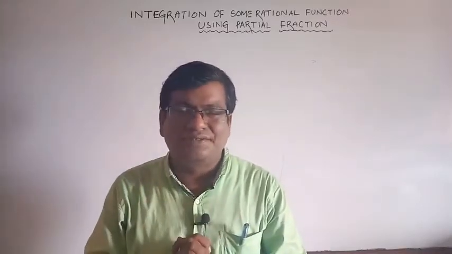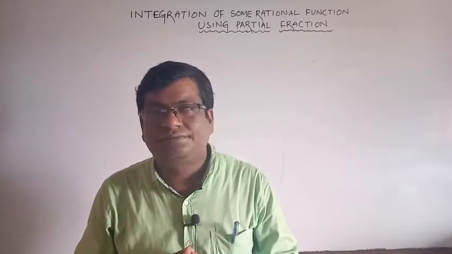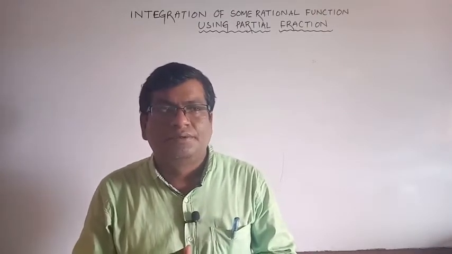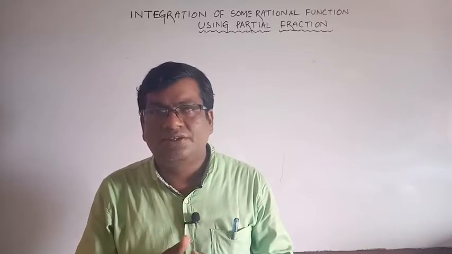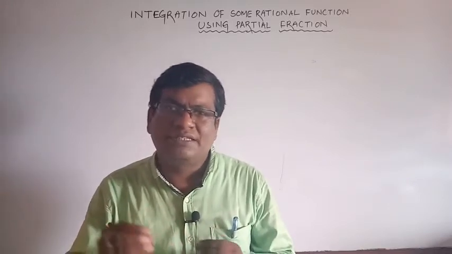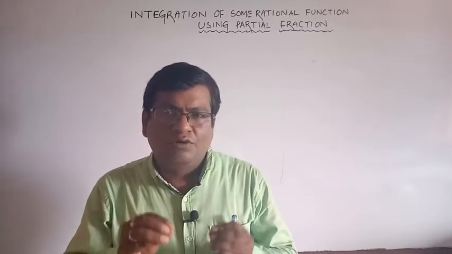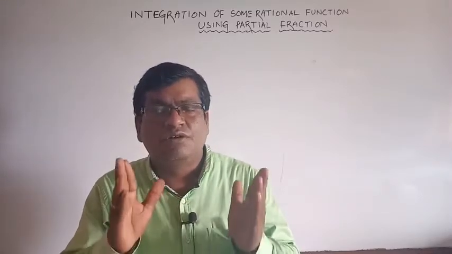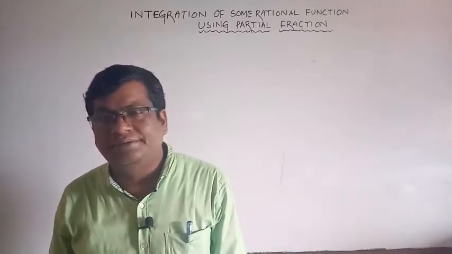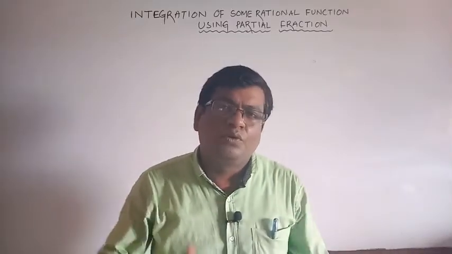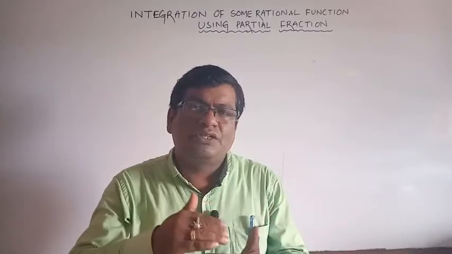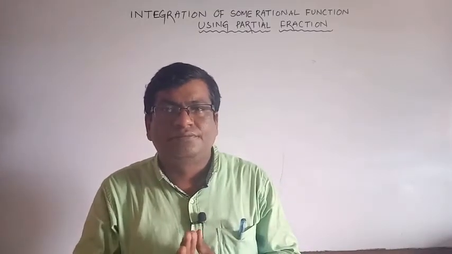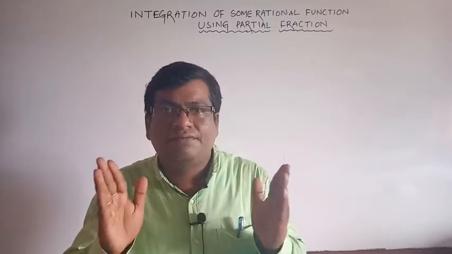Rational functions are the functions which are in the form of p of x divided by q of x, where p of x is a polynomial and q of x is a polynomial, provided q of x is not equal to 0. If the polynomial functions are in fraction type, then it is called a rational function.